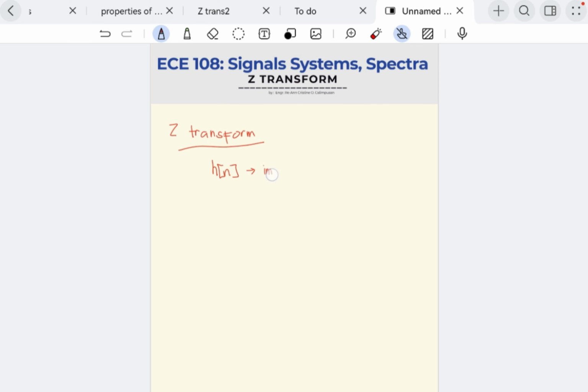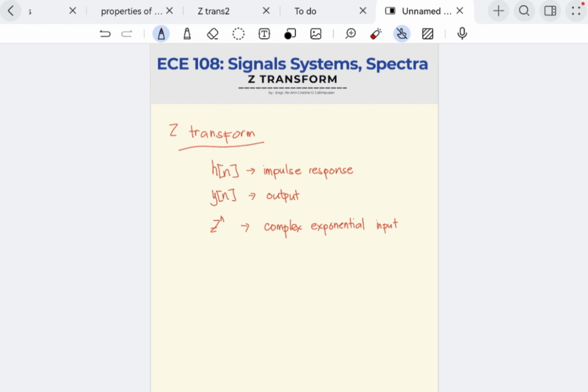So for the Z-transform, let's say we have h of n as the impulse response of the system. If we have the impulse response, we also have the output response, which is equivalent to y of n. And since we have an output, we also have the input, which is z to the n, a complex exponential.